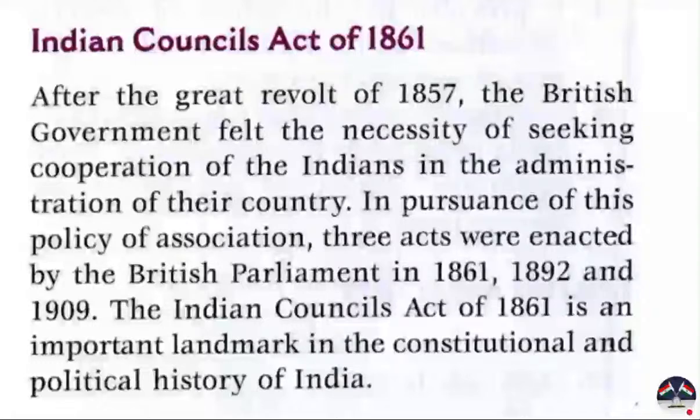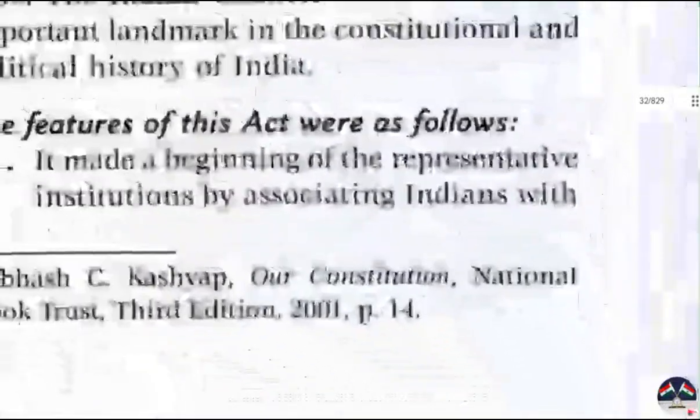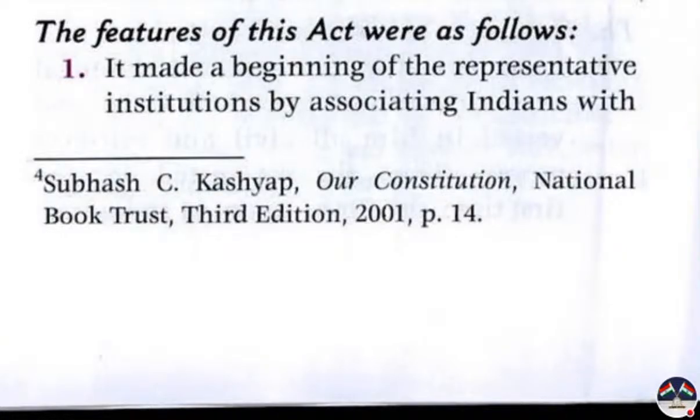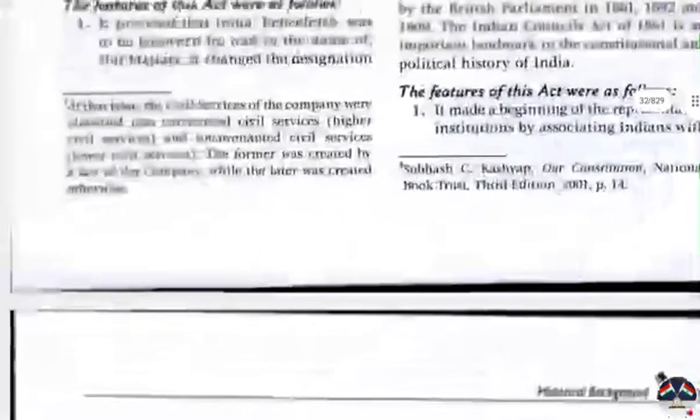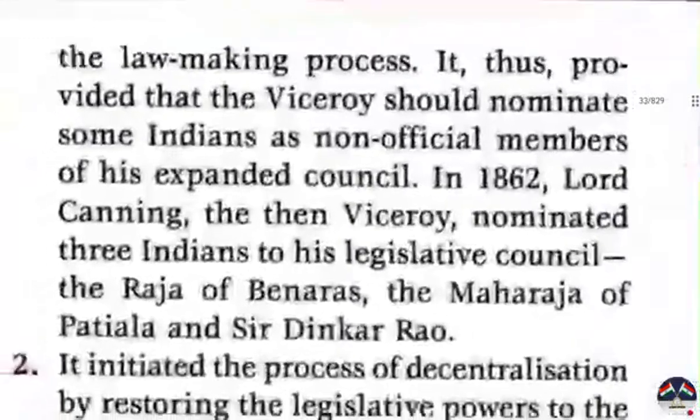The Indian Councils Act of 1861 is an important landmark in the constitutional and political history of India. The features of this act were: it made a beginning of representative institutions by associating Indians with the law-making process.